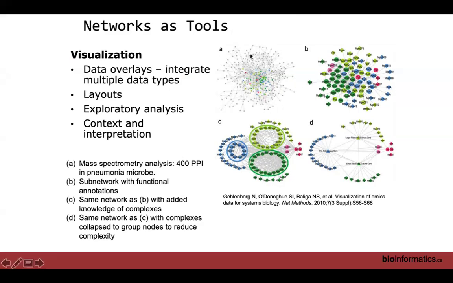So if we then take a subnetwork with specific functional annotations, which you see in B, now it's a little bit easier to see individual proteins. You can also see individual colors, and the colors are mapped to different types of proteins, as we've said before. But again, how you lay this network out is going to be very informative.